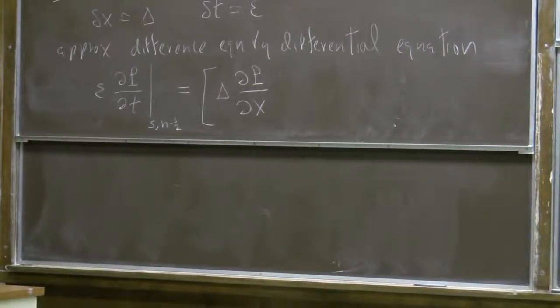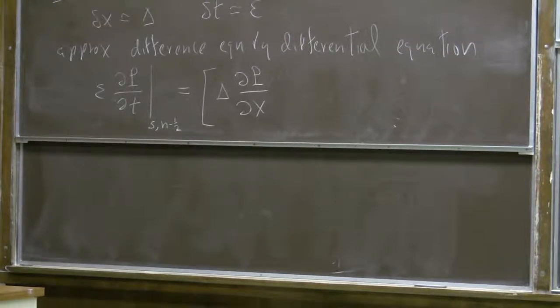That's the difference between the probability at site s plus 1 and the probability at site s. Think of that as the difference delta times the spatial derivative evaluated at the midpoint.